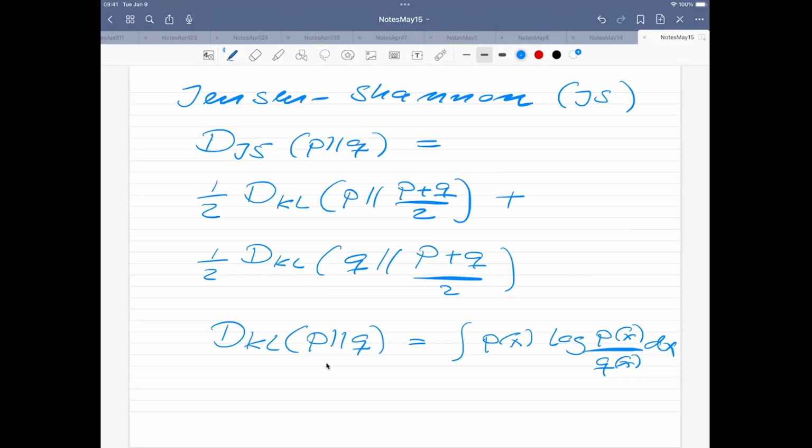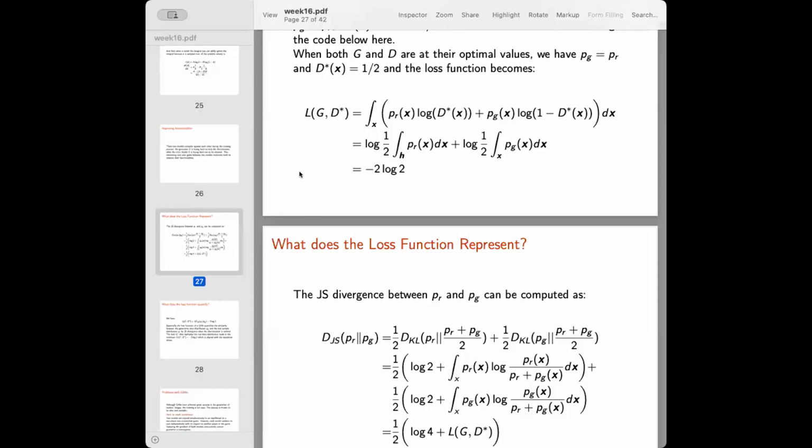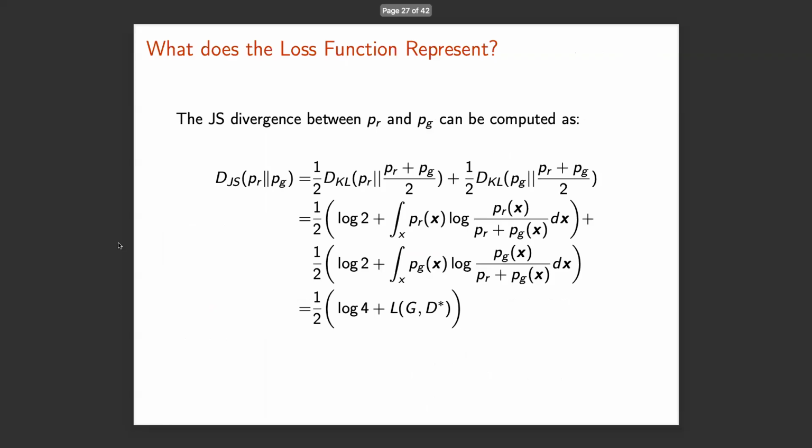This is one of the reasons why this is often used as a measure of the quality of the two probabilities. So if you go back to the slides, the function which is often used is this Jensen-Shannon divergence between these probabilities, P_data and P_G, the one from the real data and the one from the generator.